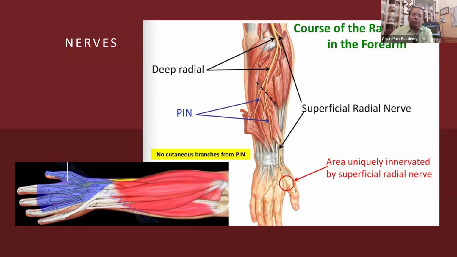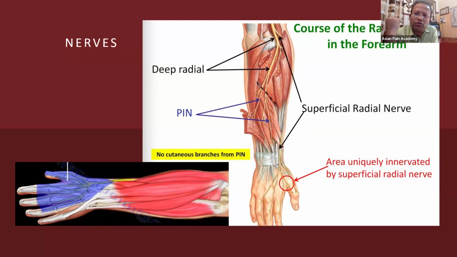Okay. So this superficial radial nerve, which is a sensory branch of the radial nerve, can cause entrapment neuropathy and severe pain. Of course, there is one motor nerve also, which is a branch of the posterior interosseous nerve, or dorsal interosseous nerve.